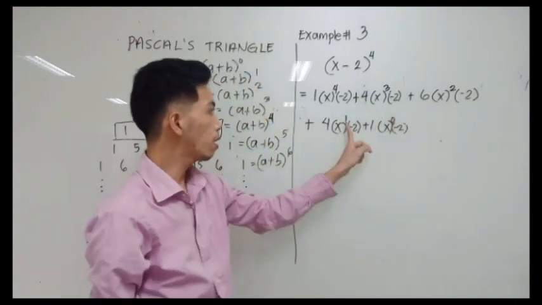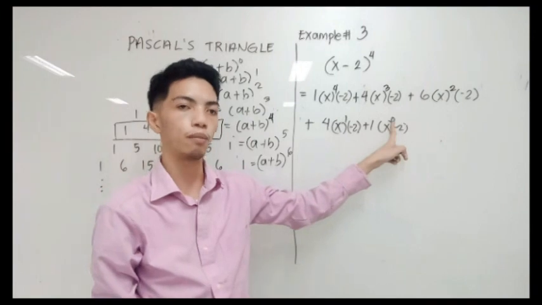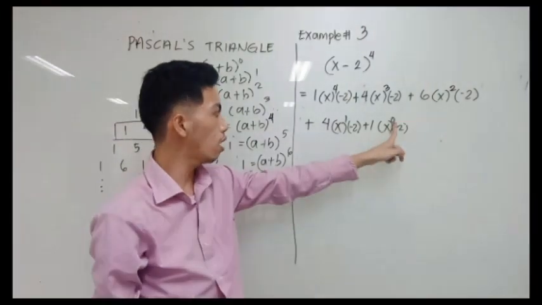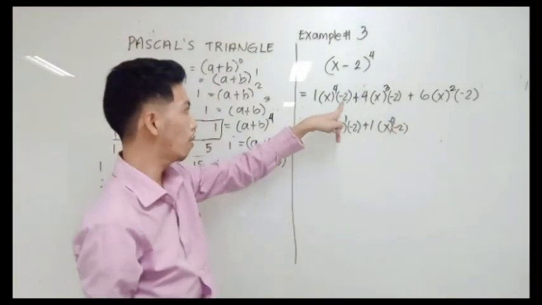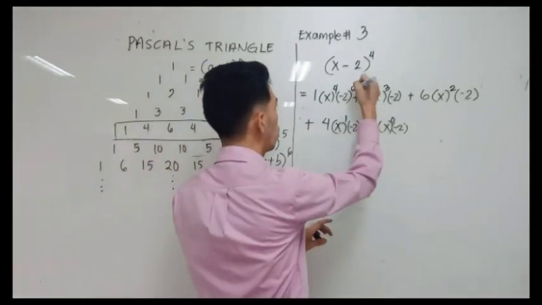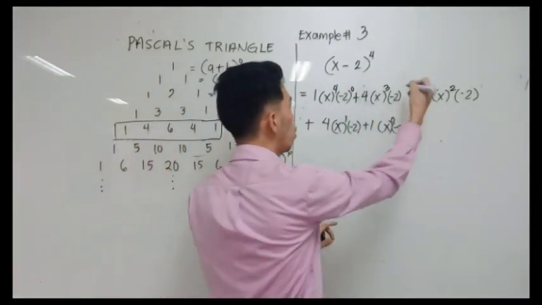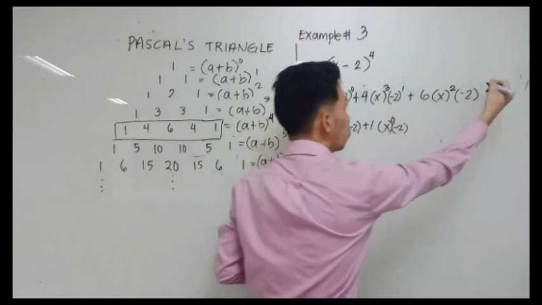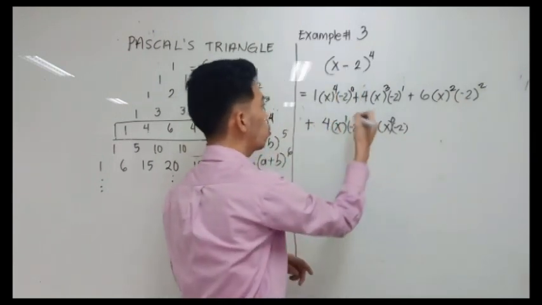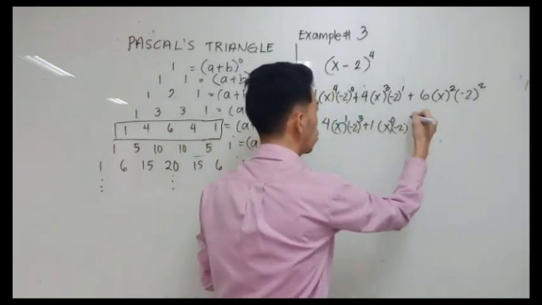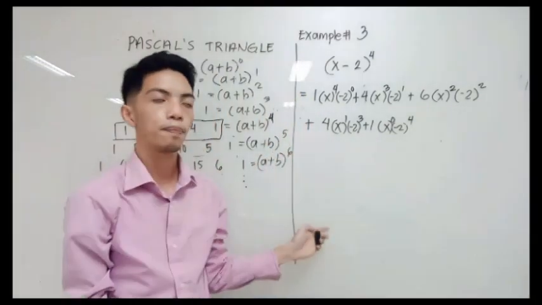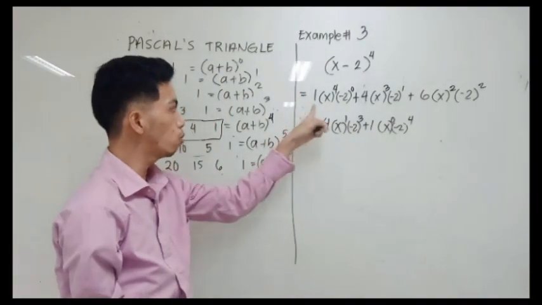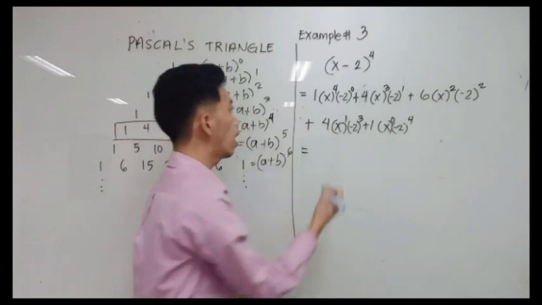Okay, yun yung magiging exponent ng first term. So, second term naman, magsisimula sa 0, pataas. So, you have -2 raised to 0, -2 raised to 1, -2 raised to 2, -2 raised to 3, -2 raised to 4.